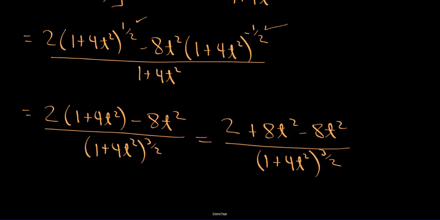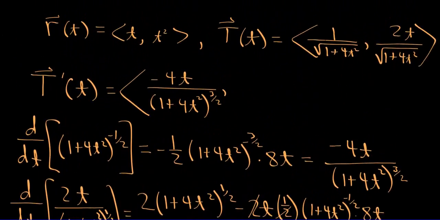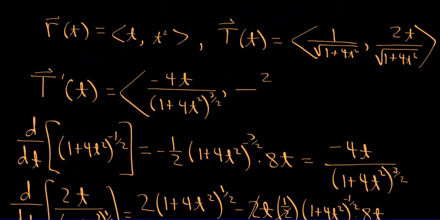And now we've got something fairly manageable. We've got 2 over 1 plus 4t squared to the 3/2. So I'm going to put that up here. What was it? 2 over 1 plus 4t squared to the 3/2. Is that what I had? Now, that right there is the derivative of the unit tangent vector.